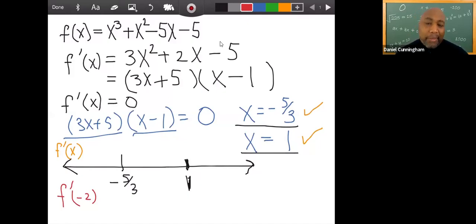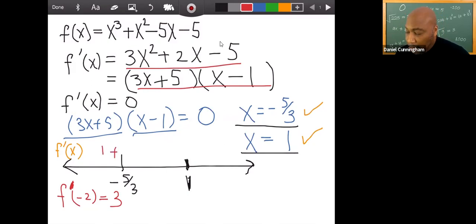I really don't care about the number, I just care if it's positive or negative. This will equal 3 once I plug it into the derivative. Now 3 is a positive number, so all the values in the first interval are positive. I'm going to put a lot of pluses so I know it's positive there.